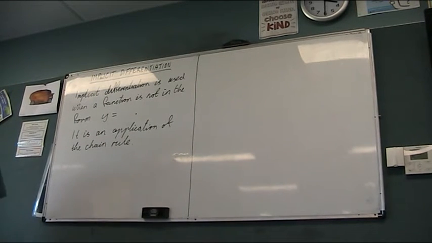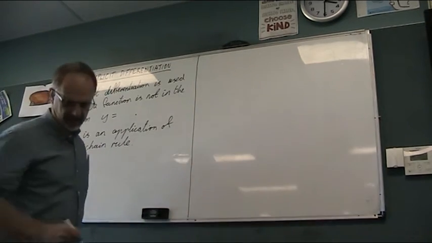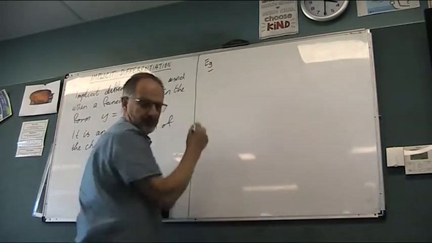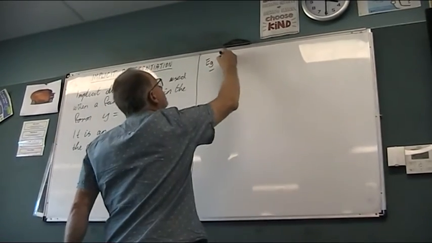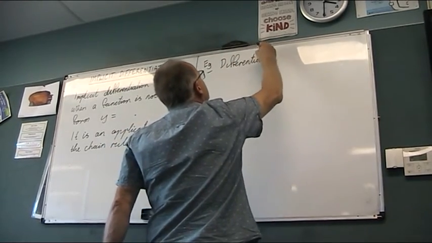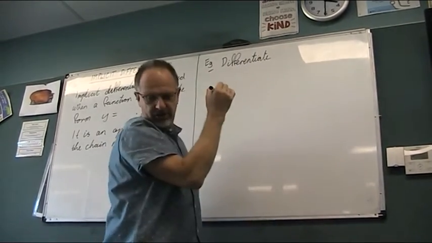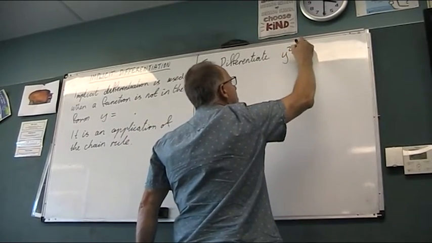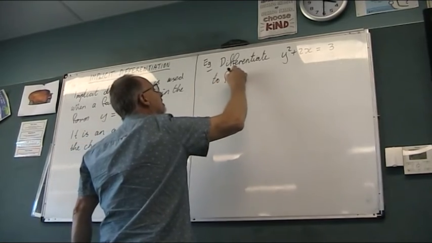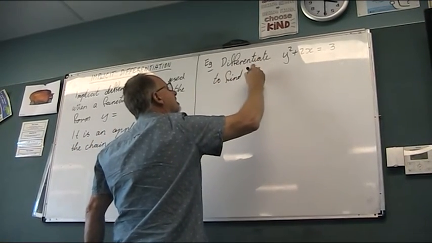And in this example, I've got a few examples, but in the first example, I'll show you how that chain rule fits in. So this first one, we're going to differentiate y squared plus 2x equals 3 to find dy dx.